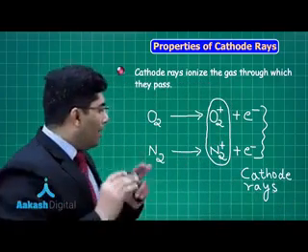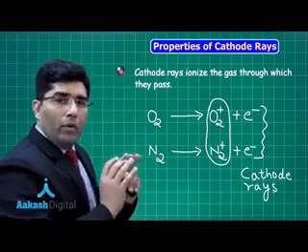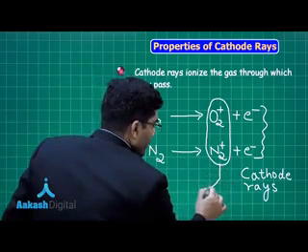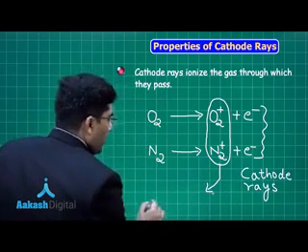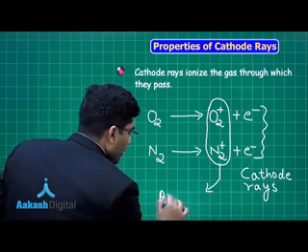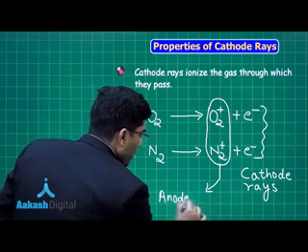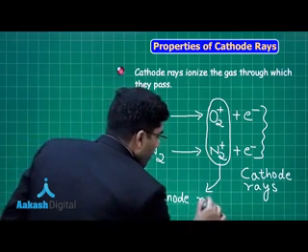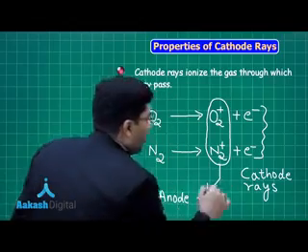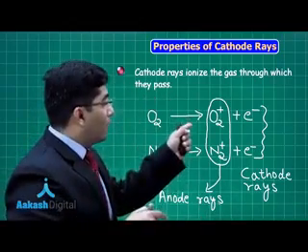It is not given in the book like this, but I am telling you here, these particles will compose anode rays, and anode rays were discovered after the discovery of the cathode rays.